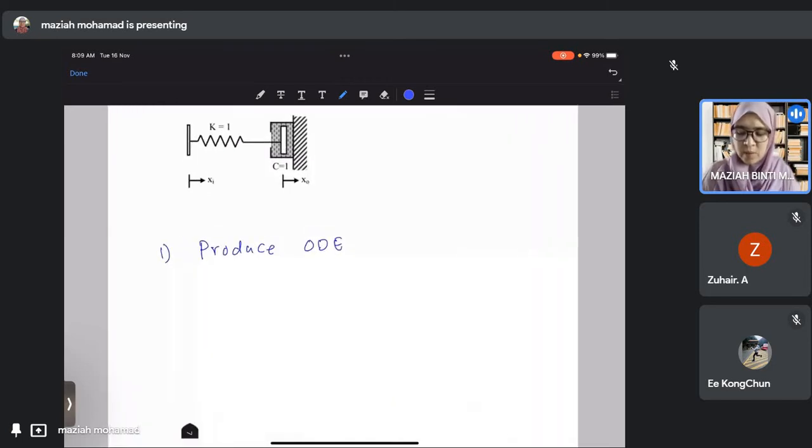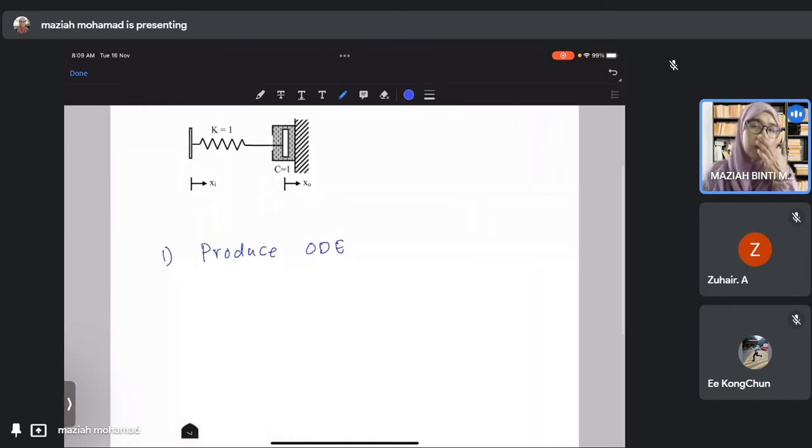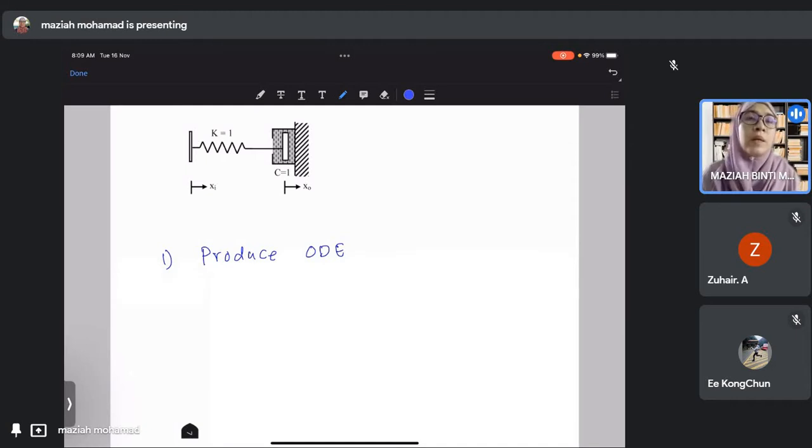Okay, we need to come out with the ODE equation or ODE model for the system, right? Once we get the ODE, transform into Laplace form. Okay, we also have discussed about this.